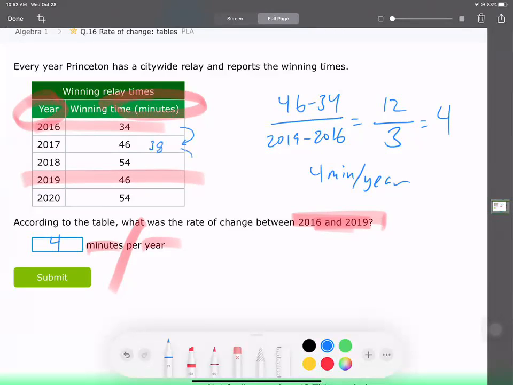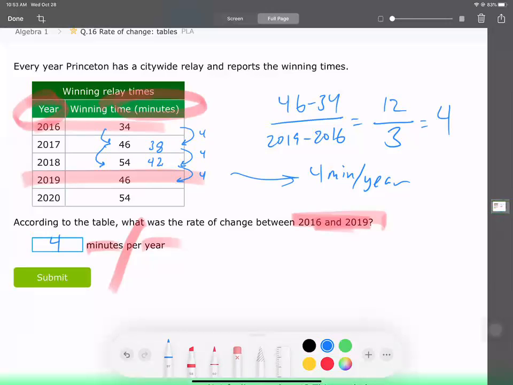From 38, after the next year should have been 42, and 42 after the next year is 46. And this is what we call the average rate of change. So over this long period, I get it. It wasn't exactly 4 every year, right? That's not 4, that's not 4. But over the full length from 2016 to 2019, there was a steady growth of 4 per year. Get it? It's 4 per year.